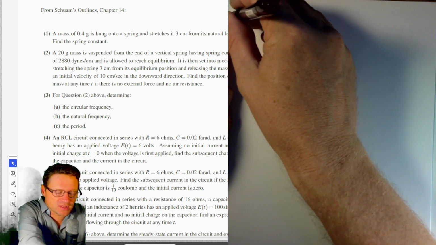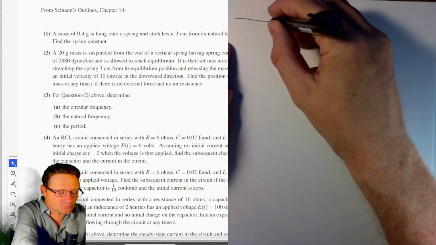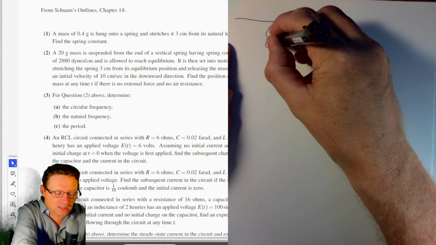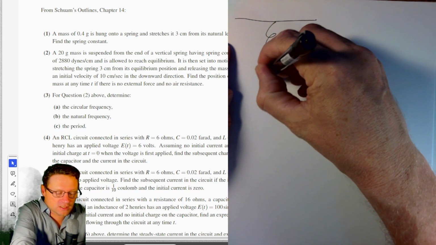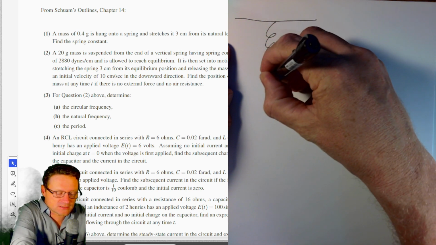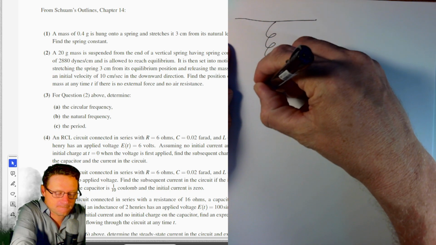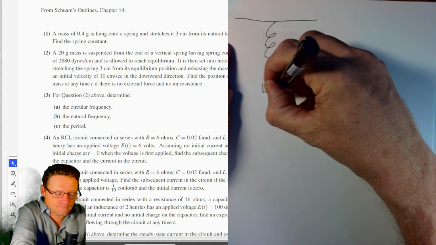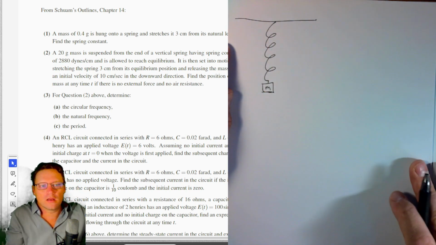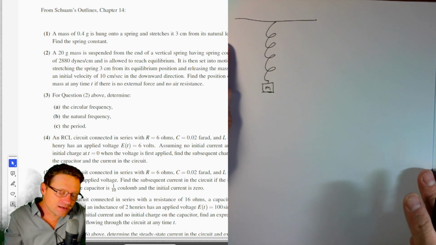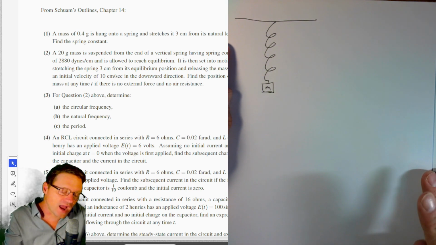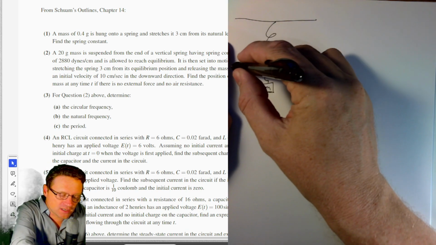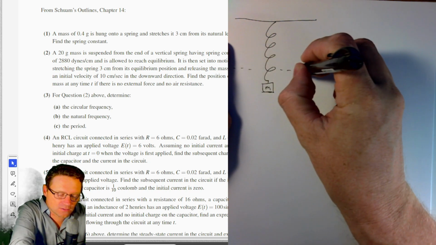So we have something like a ceiling, and from that is hanging a spring and a mass. Something like this. Now, in the presence of gravity, there's a natural equilibrium, say here.